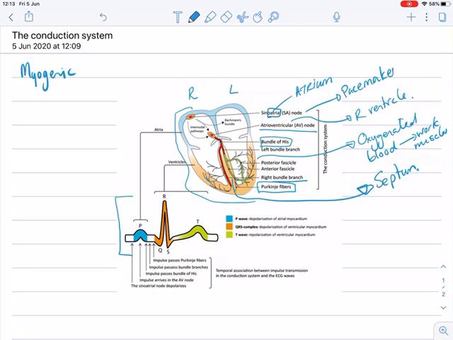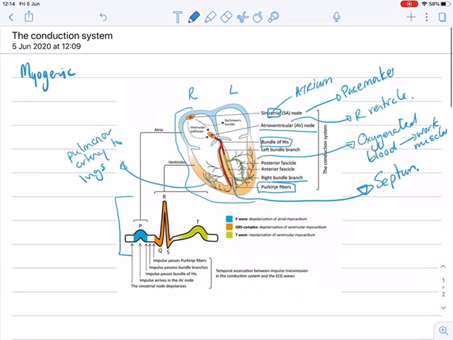If this is oxygenated blood, then the blood on the right-hand side of the heart is deoxygenated. So it would be heading via the pulmonary artery to the lungs to become oxygenated. So it hasn't got the same distance to travel, and therefore it doesn't need this high density of Purkinje fibres.